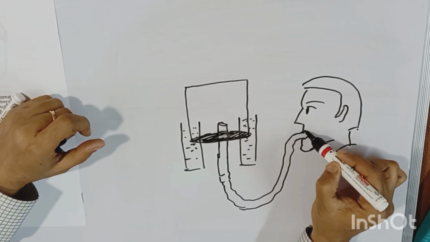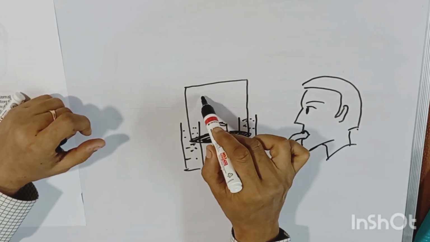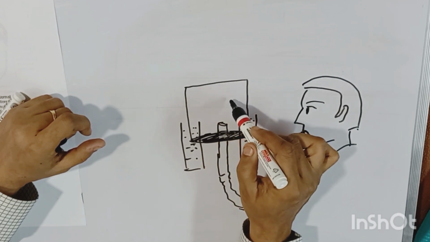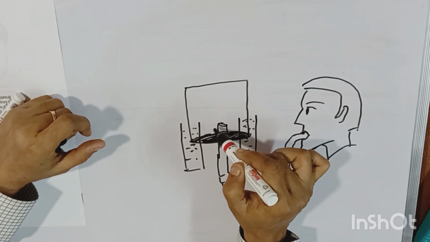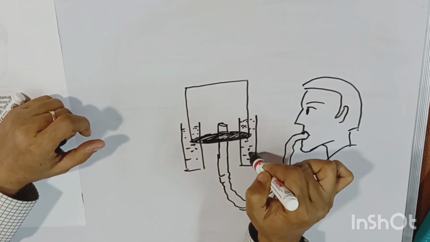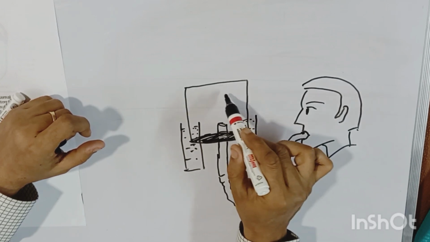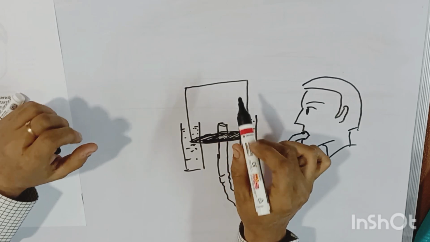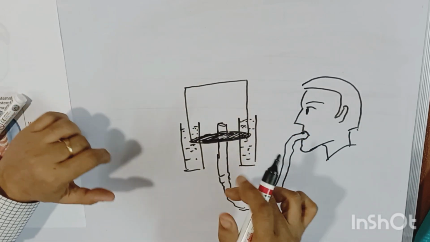So he sucks in air from this drum. When the air is sucked in, the drum will go below. The air is no longer there. The drum is sealed by water, so air cannot come through this portion. So when this amount of air goes inside the mouth, the drum will go inside.